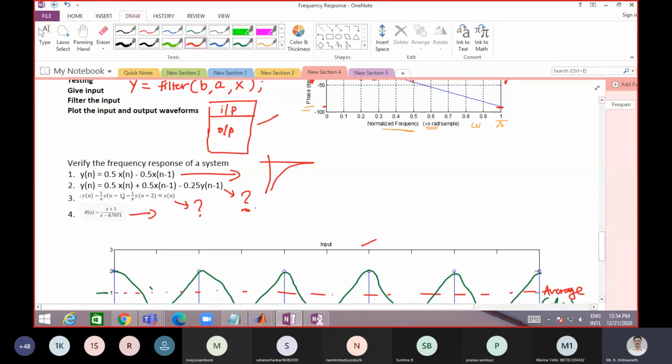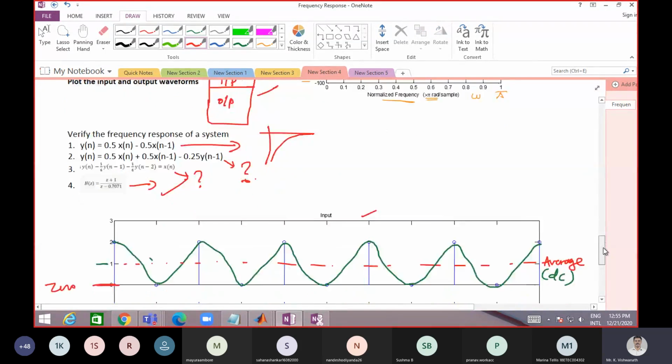So here, some system is given directly in terms of the Z transform. Directly, numerator coefficients are 1 and 1, denominator coefficients are 1 and minus 0.7071. So like this we can test our implementation.